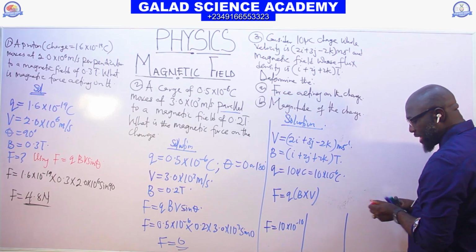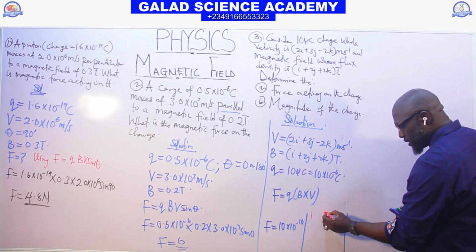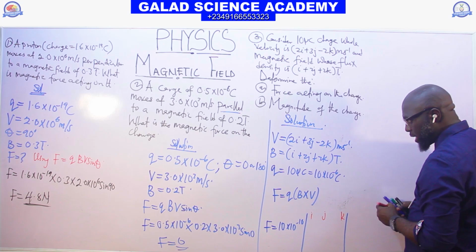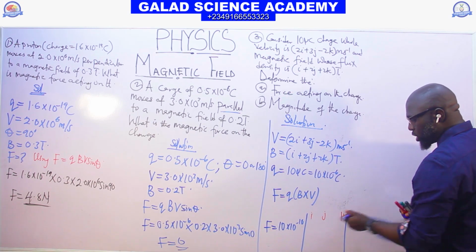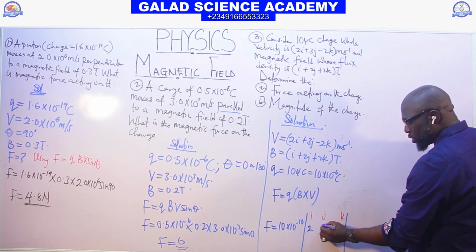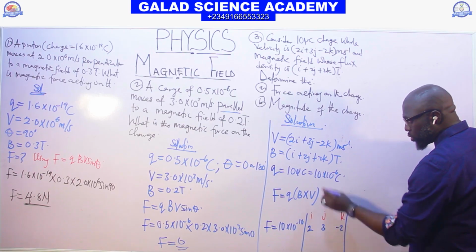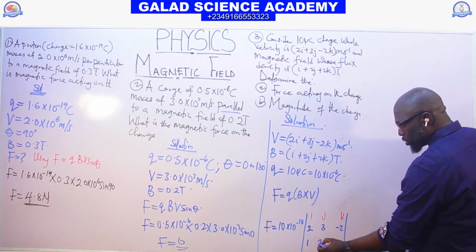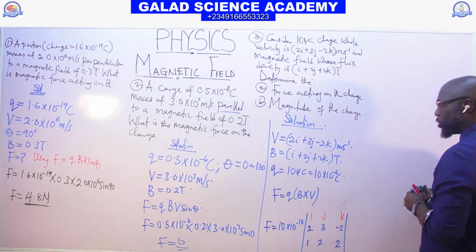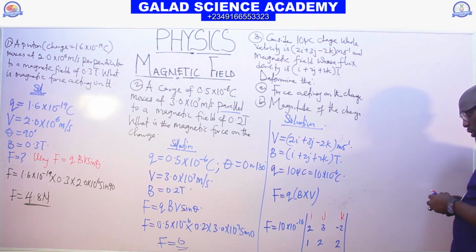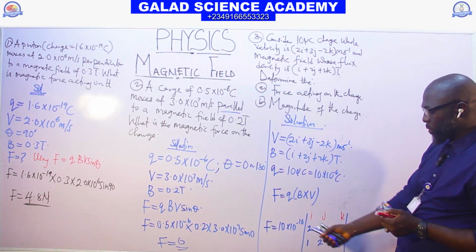By putting it in the determinant of a matrix, we have i, j, k. The first row we have here is 2, 3, minus 2. Here we have 1, 2, 2. Then the next thing is we need to apply the determinant method for this.